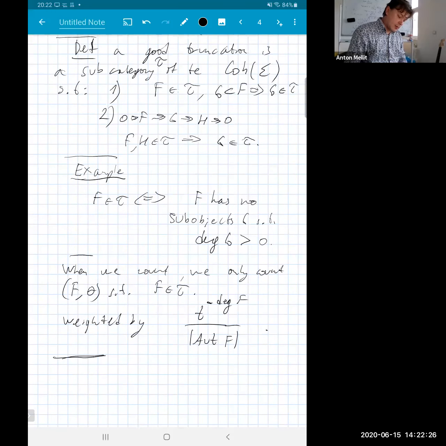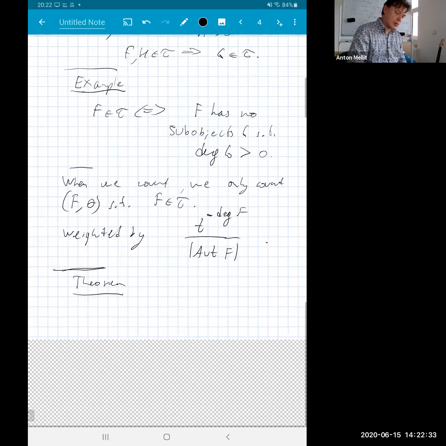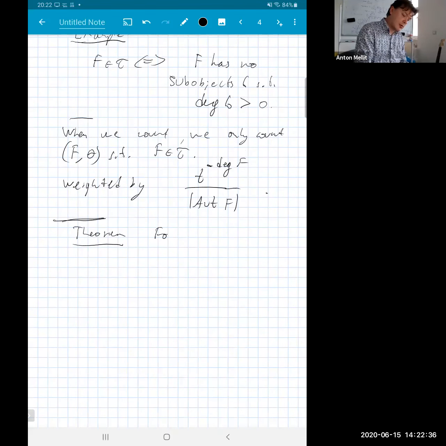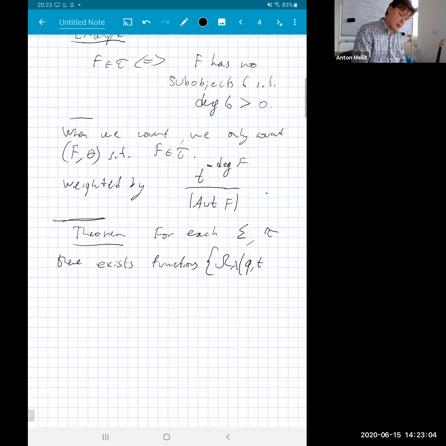Okay, and now the theorem. For each sigma and tau, there exist some functions omega lambda depending on q, t. So lambda goes over all partitions.